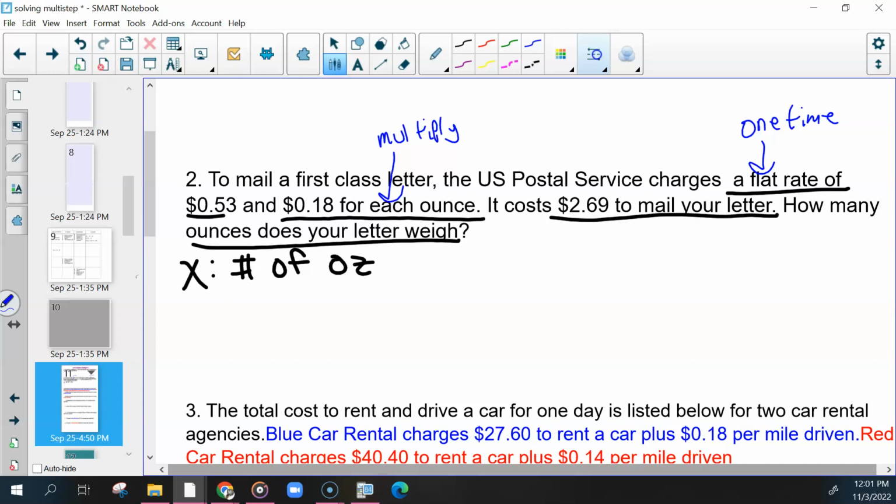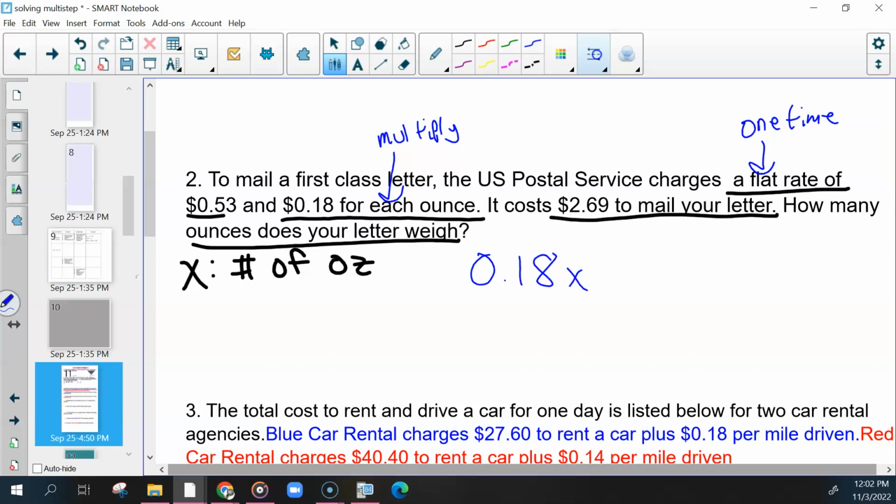So we have to somehow come up with an equation with these numbers. Anyone want to use these numbers and take a guess as to how we might set it up? Mom, are you going to raise your hand? Yeah, go ahead. 0.18 times M. I'm going to use X, but yeah, M, whatever variable you use.